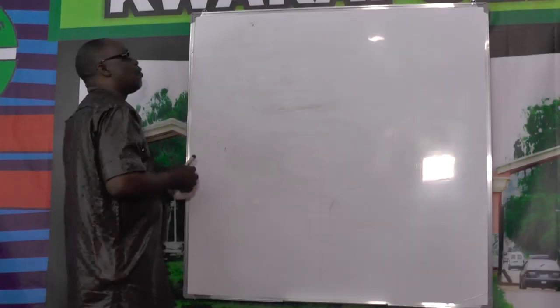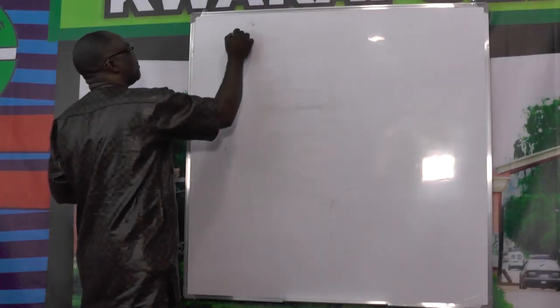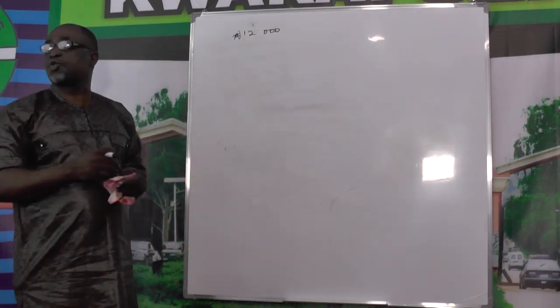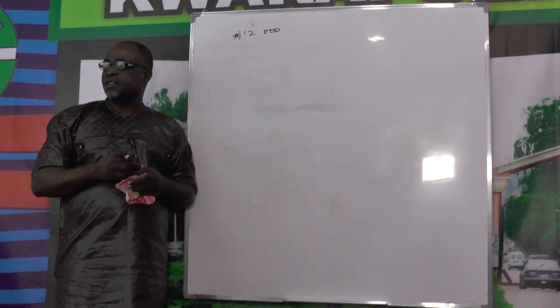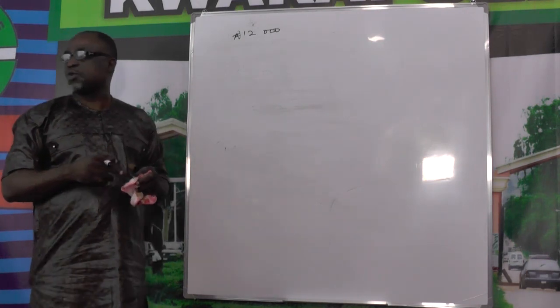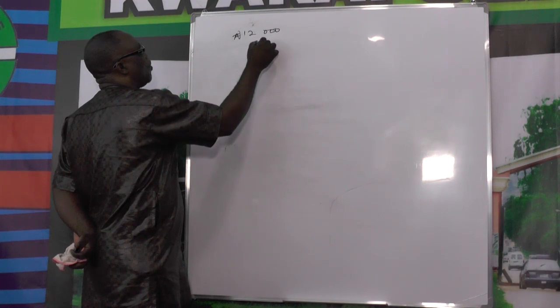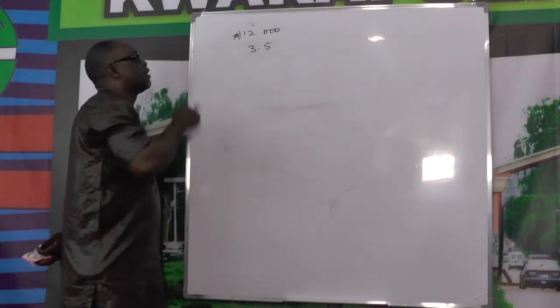We are asked to divide 12,000 between Iyabo and Tolu in the ratio 3:5. We are dividing the sum of 12,000 between two people, that is Iyabo and Tolu, in this ratio 3:5.